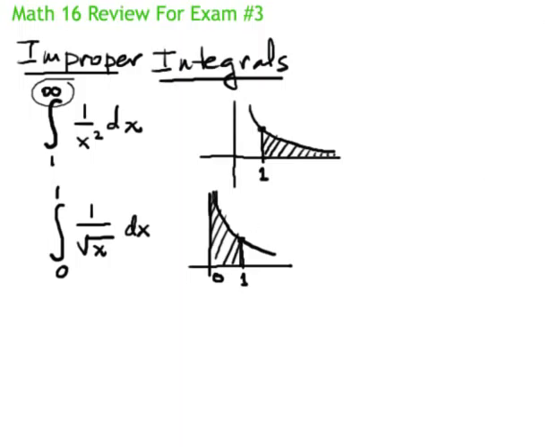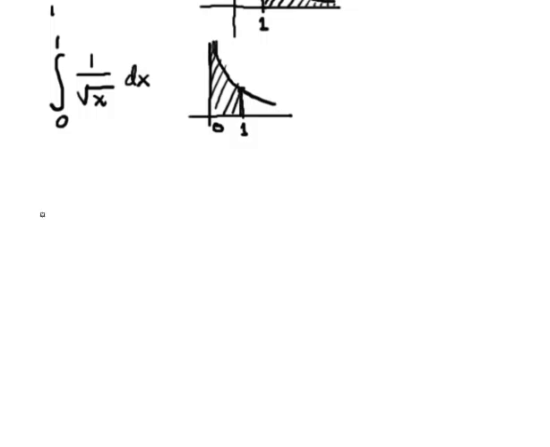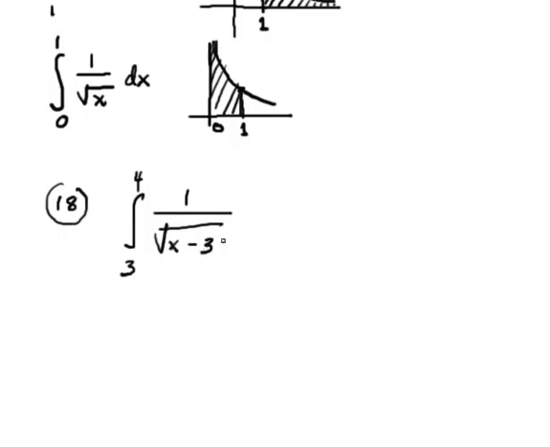So let's start with our first example. All right, our first example is of the second type. This integrand has a vertical asymptote at x equals 3.